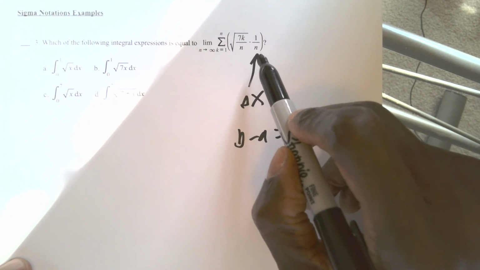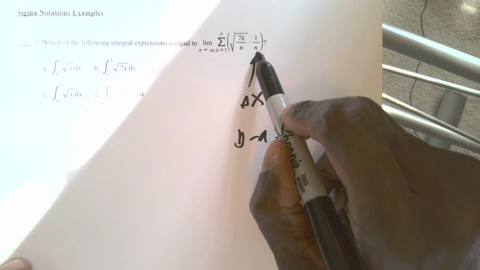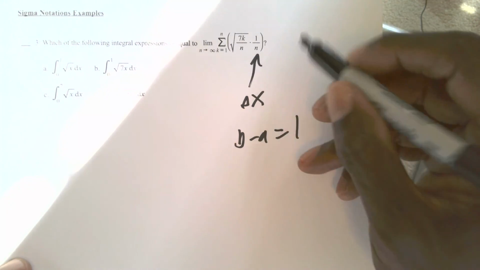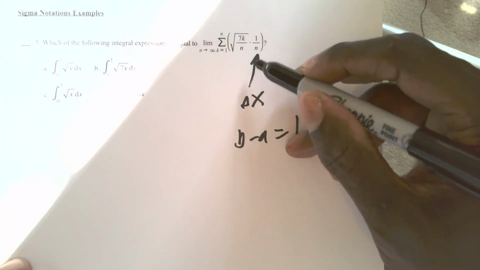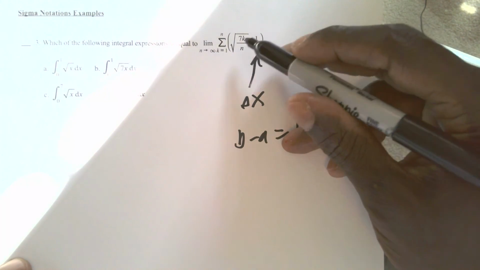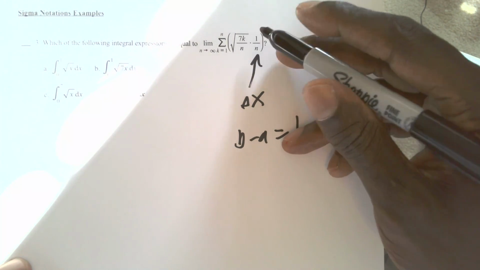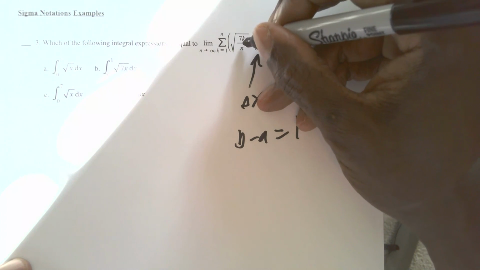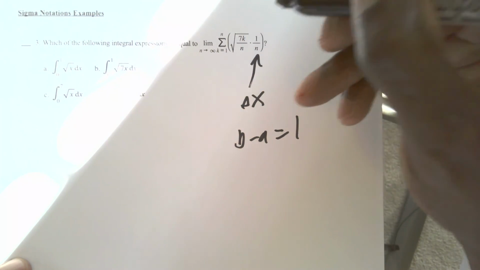Now, notice that this is not the same as this. Delta x isn't changing. So delta xk is simply k over n. If you have this 7 being multiplied by this k over n, then that means the 7 is in the function itself.